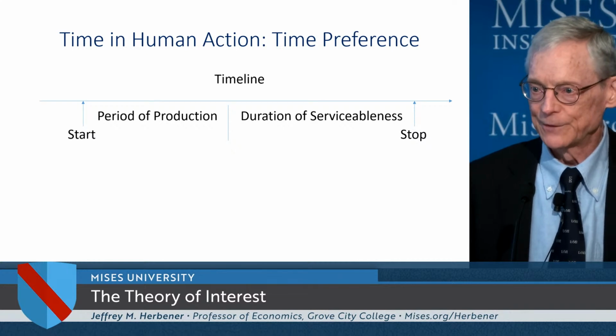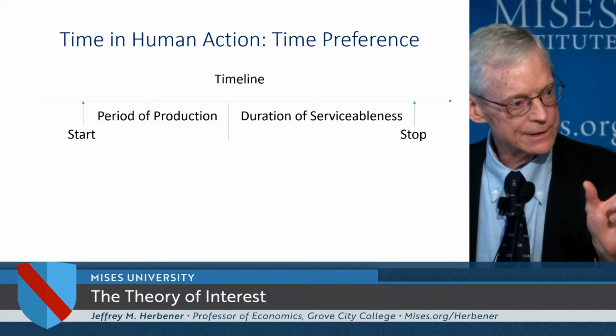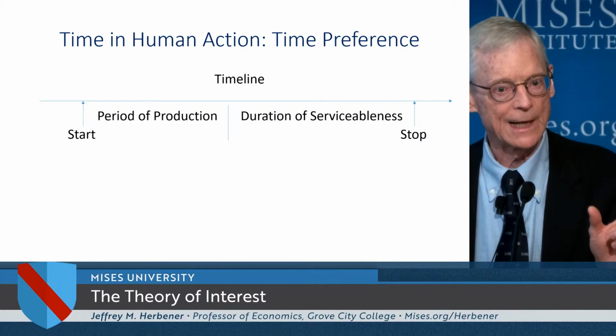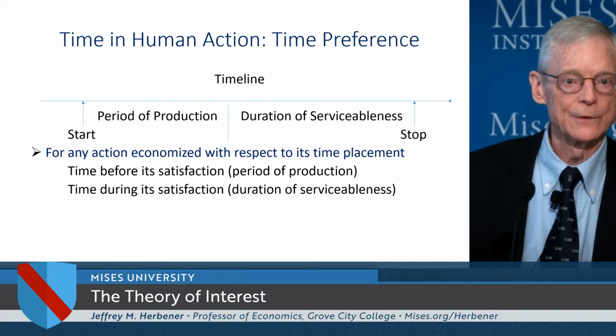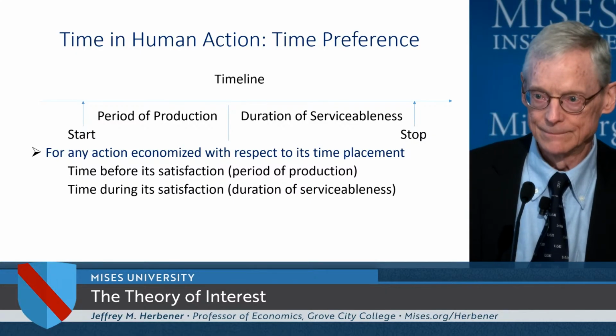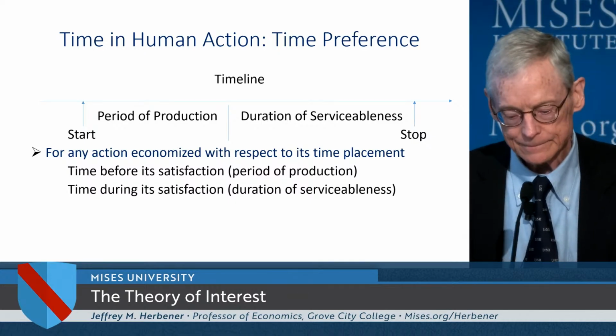So that's not an issue. And we're going to look, time preference has to do with the interior intertemporal structure of the action. Okay, so we've already placed the action in the most advantageous start and stop duration.